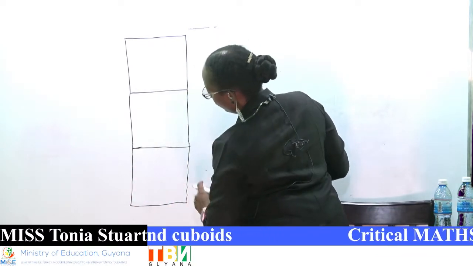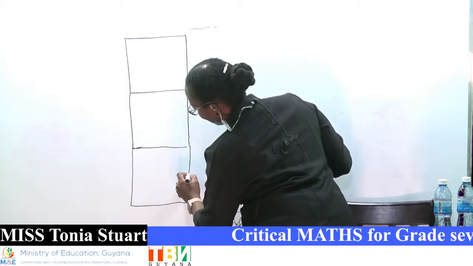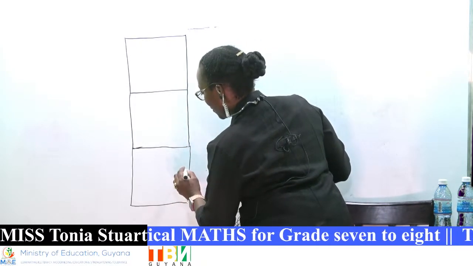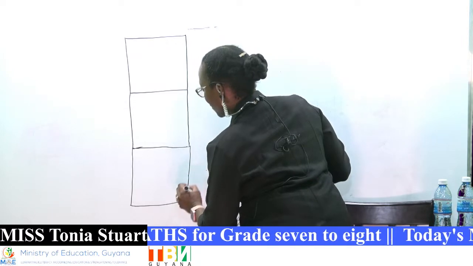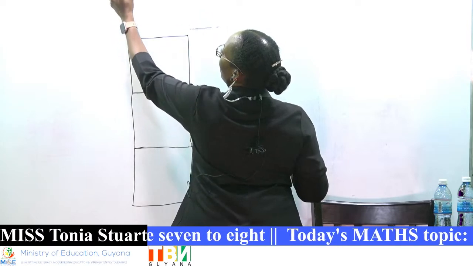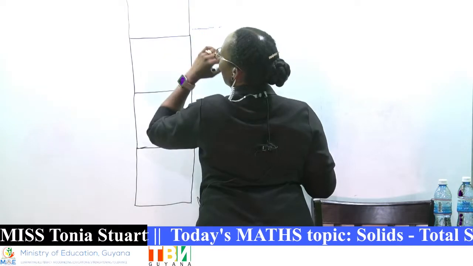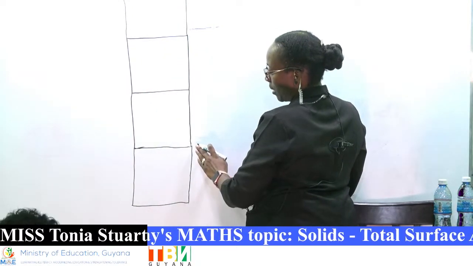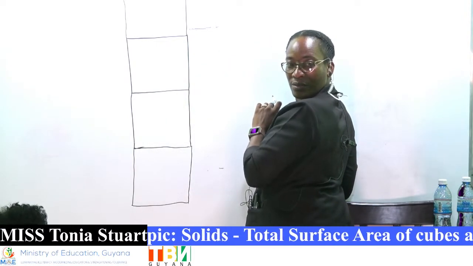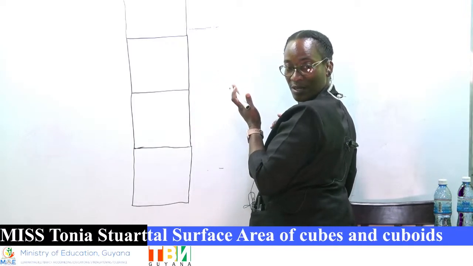Okay, assuming this is drawn to scale. Okay, so I need one more. And mind you, I can put my other 2 on any part of this square, because when it folds, it will lock itself.